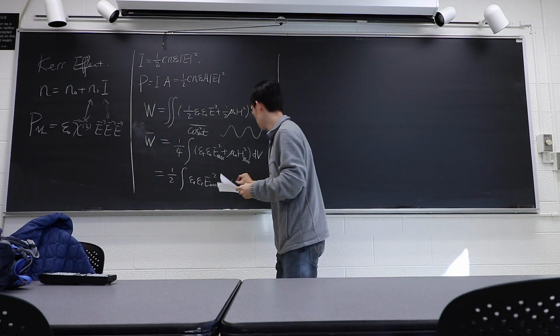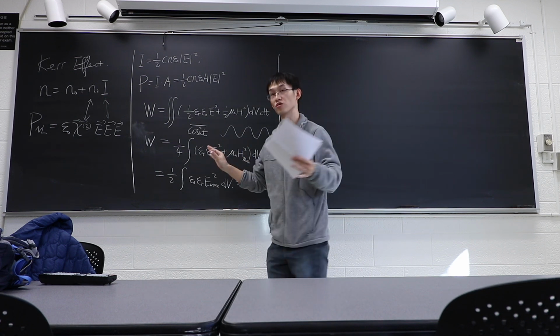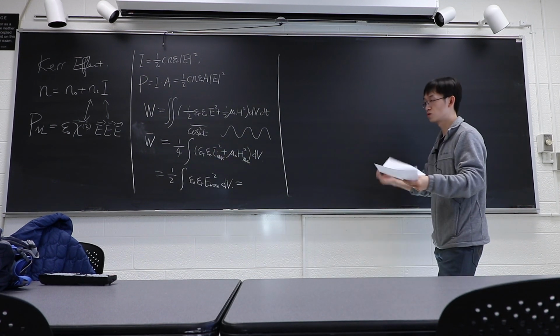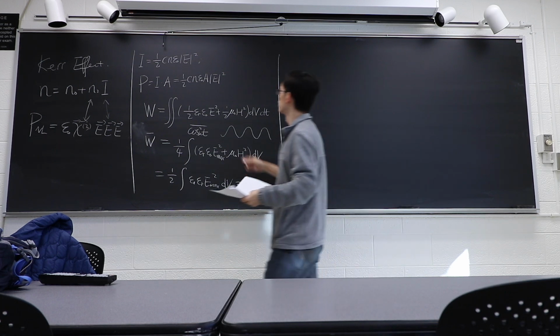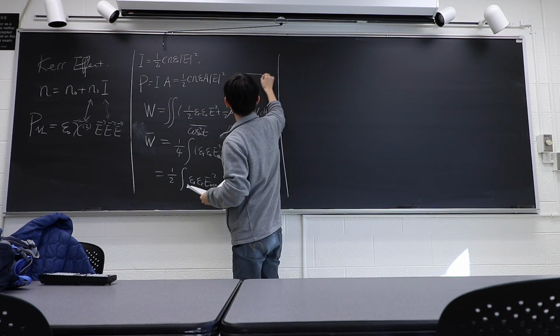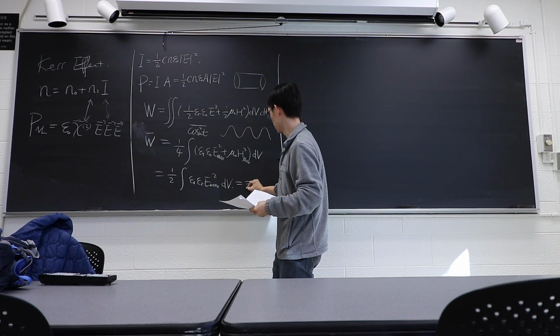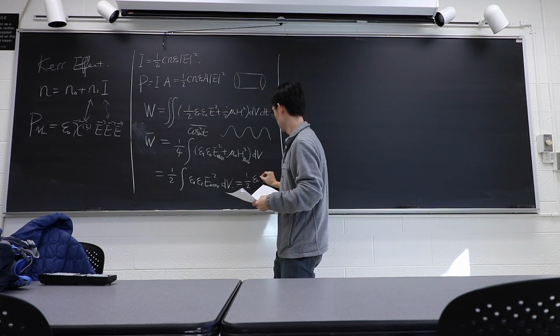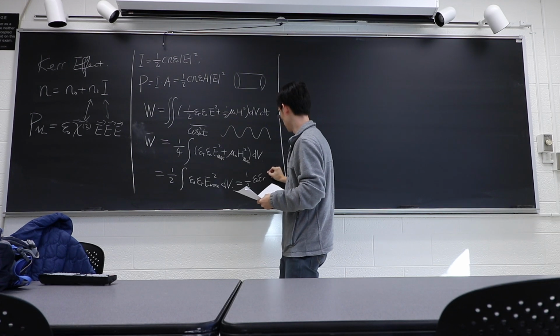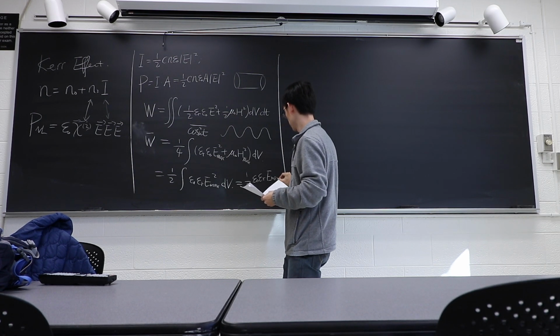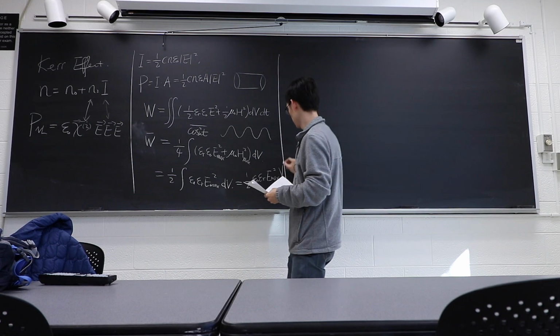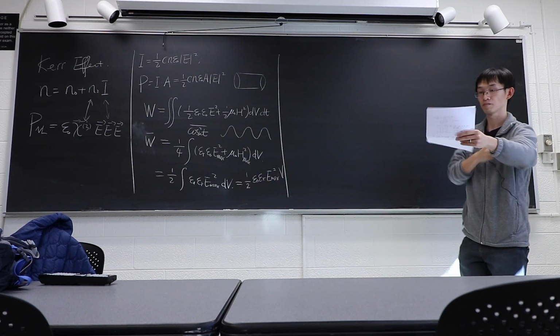And if you assume your EM field is uniform in a certain area, let's say in a fiber, you can just write it down as this: E max squared times the volume.